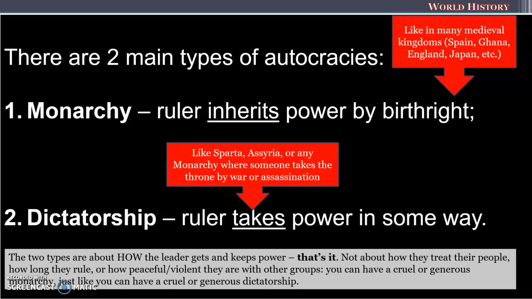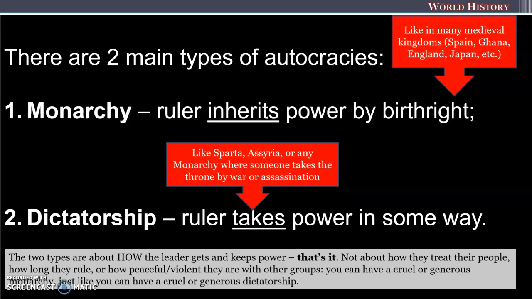This is like Sparta, Assyria, or any monarchy where someone takes the throne by war or assassination. The 2 types are about how the leader gets and keeps power. That's it. Not about how they treat their people, how long they rule, or how peaceful or violent they are with other groups. You can have a cruel or very generous monarchy, just like you can have a cruel or generous dictatorship. And there's lots of examples.